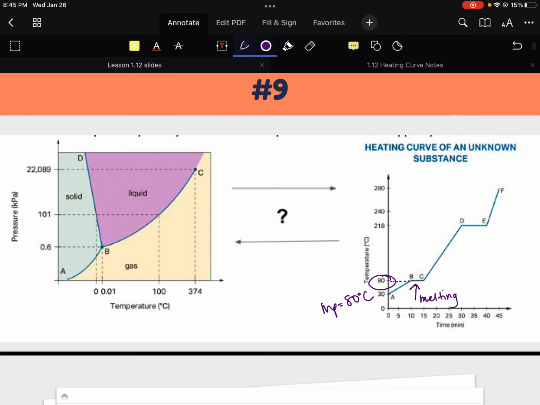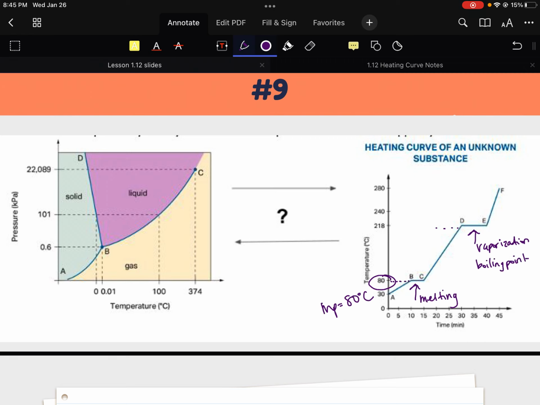And then we know right here, where I'm moving from a liquid to a gas, this is my vaporization phase change, or we sometimes refer to it as a boiling point. I can follow my graph over. I think it's right at about 218. So my boiling point is 218.